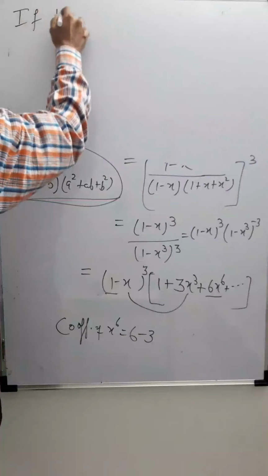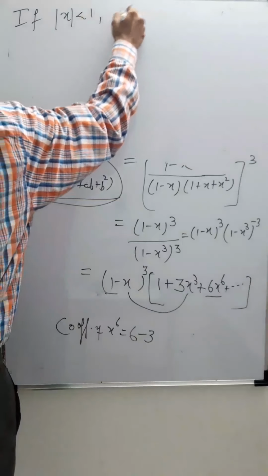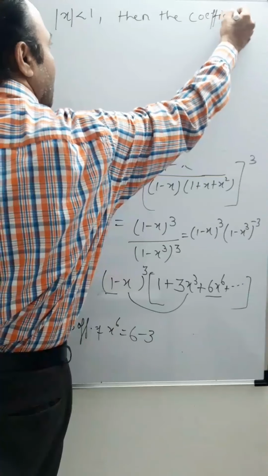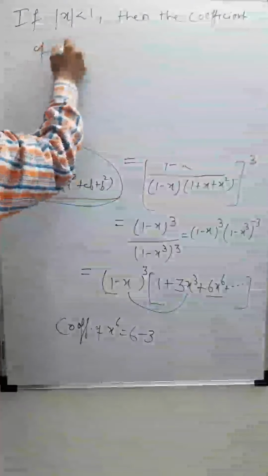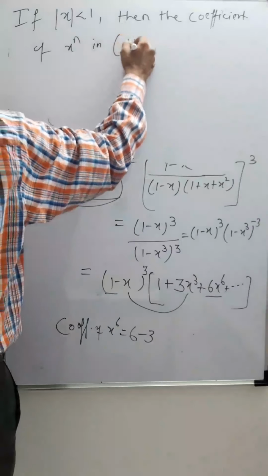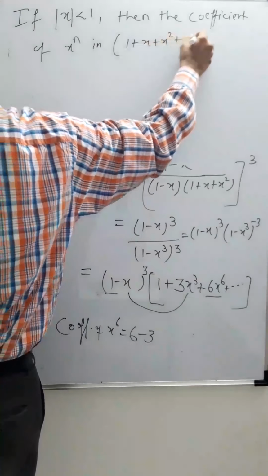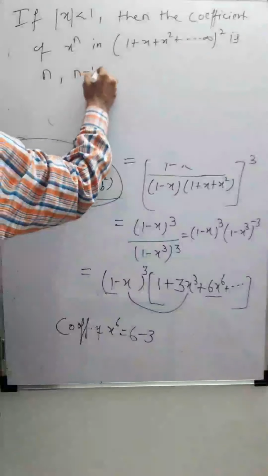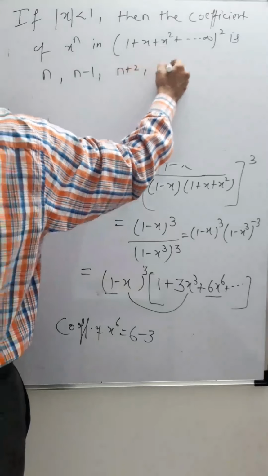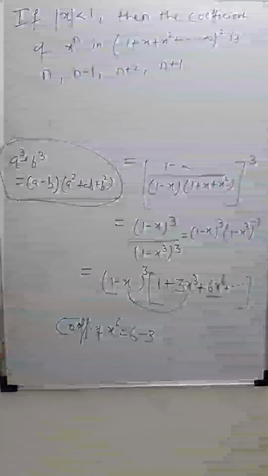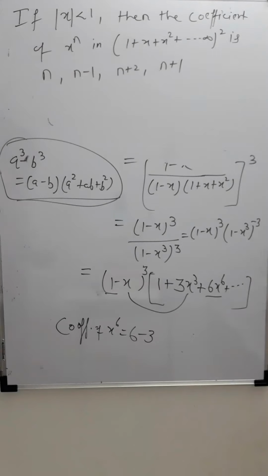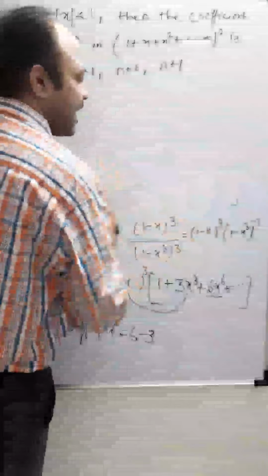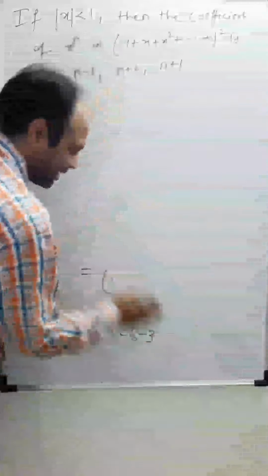If x is less than 1, then the coefficient of x to the power n in 1 plus x square infinity whole square is n plus 1. Right? So again this situation is for an infinomial. We have to check what this infinomial says.